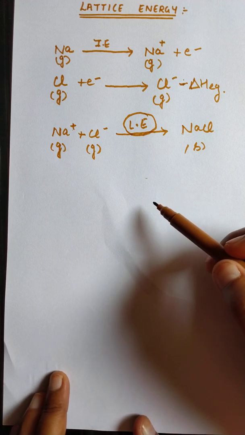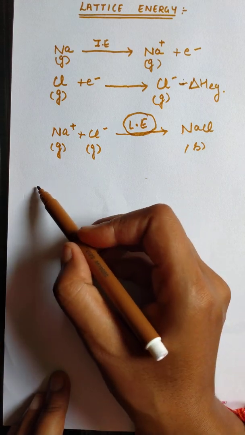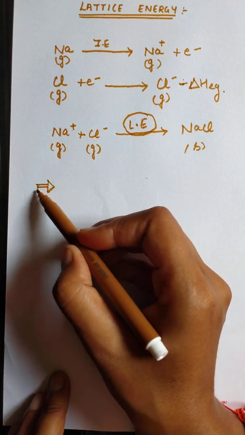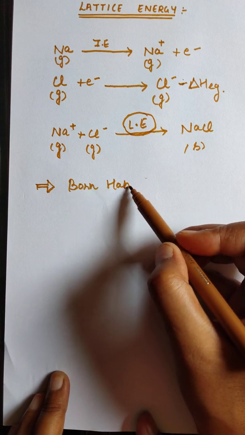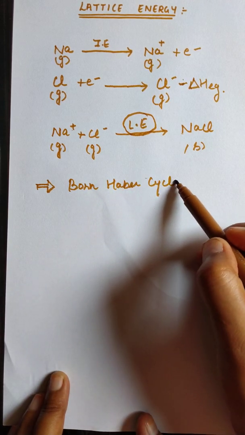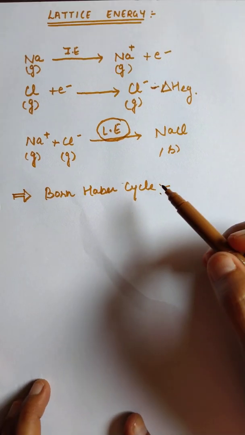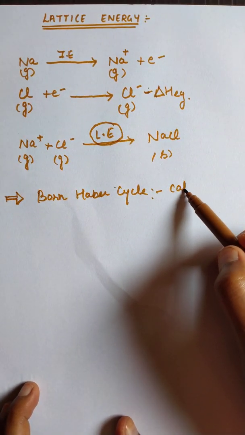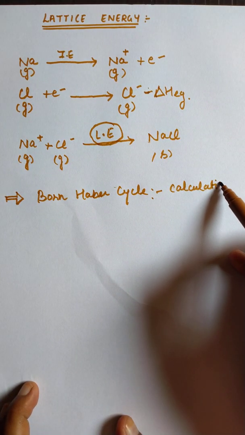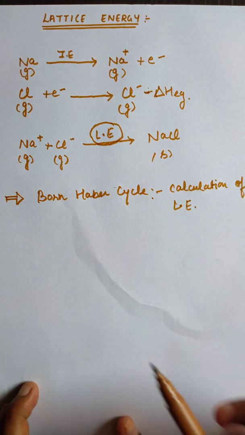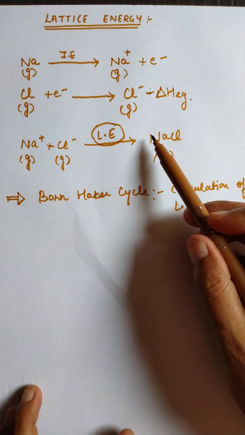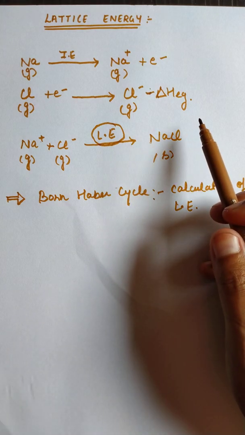That's why we have the Born-Haber cycle. This cycle is used for calculating the amount of lattice energy released during the formation of the ionic compound.